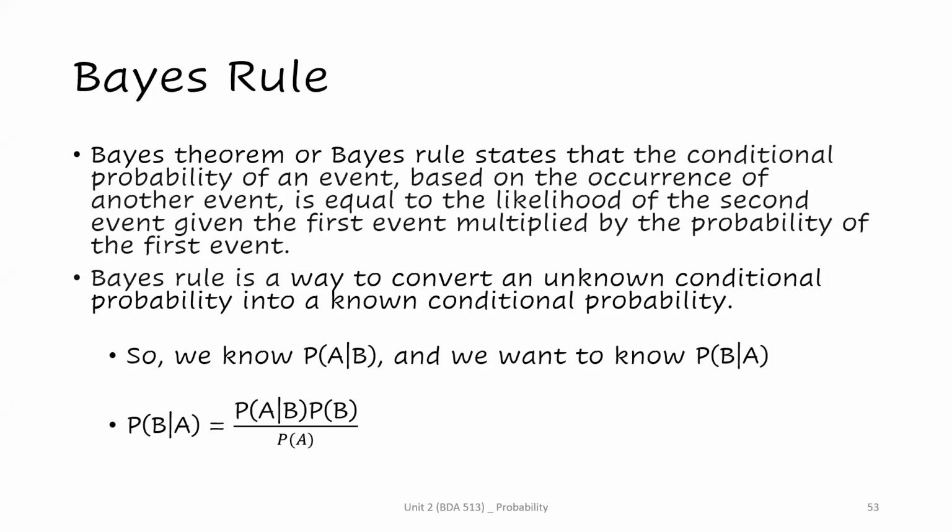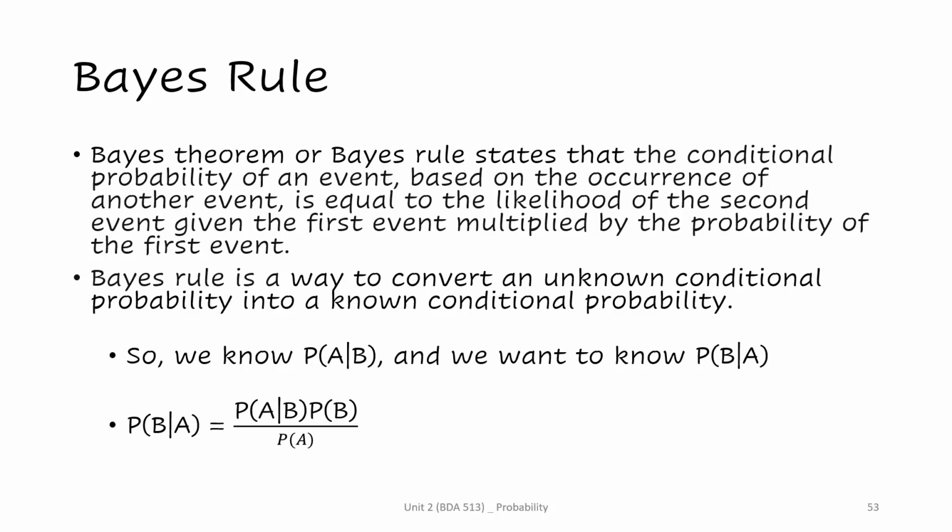So let's see how the Bayes theorem works. The Bayes rule states that the conditional probability of an event based on the occurrence of another event is equal to the likelihood of the second event given the first event multiplied by the probability of the first event. It will make sense, don't worry. So Bayes rule is a way to convert an unknown conditional probability into a known conditional probability.